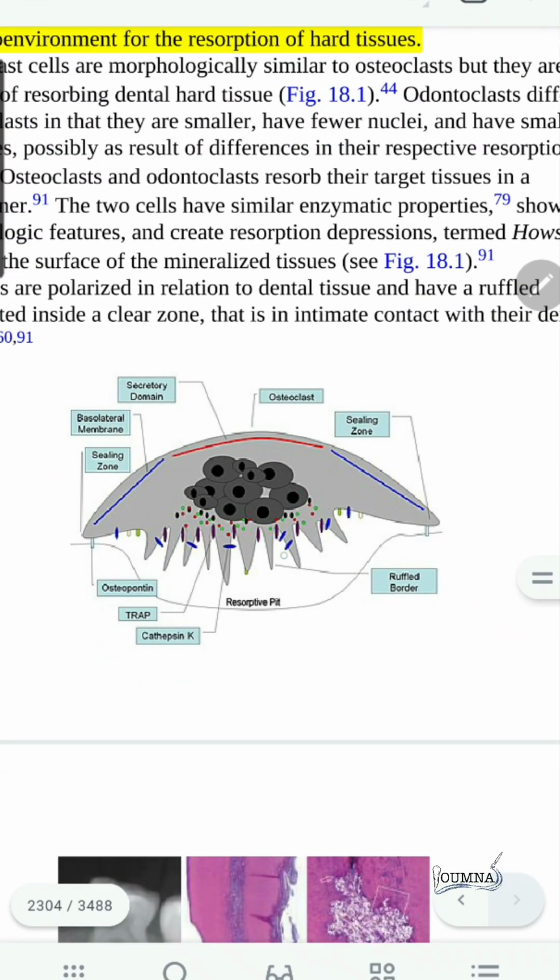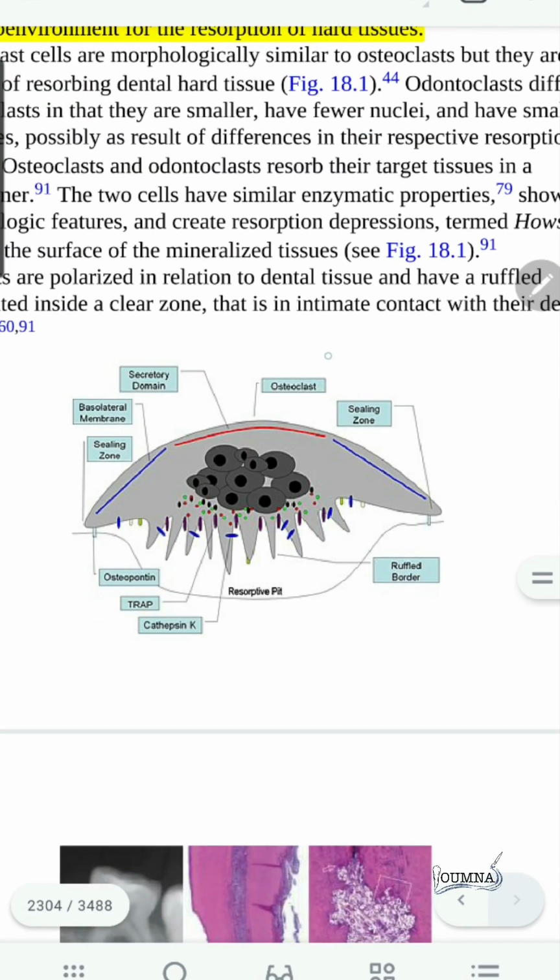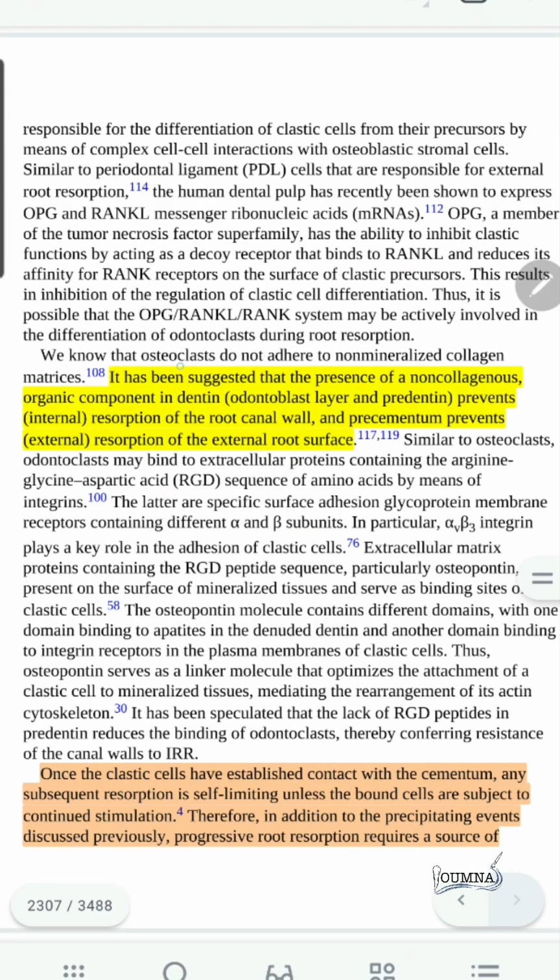Beneath them happens the resorption mechanism, when it produces an acidic material, and this sealing zone makes this environment restricted in this area, isolated from the surrounding environment.